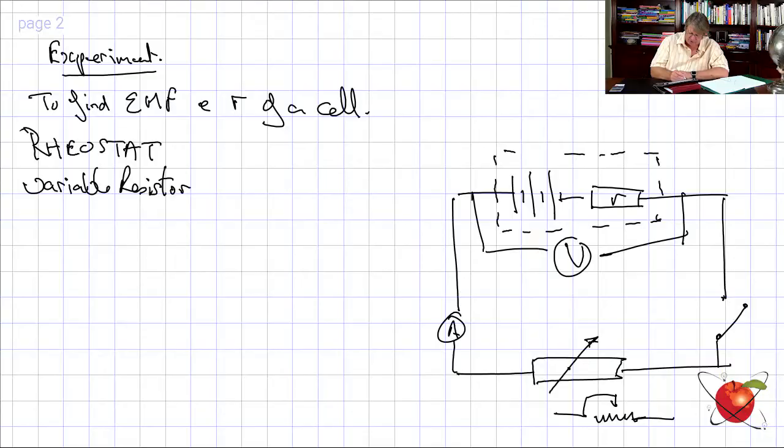And what we do is we read the voltage with the variable resistor on maximum, or with the switch open, then close the switch and read the points V and A. So we read this, and we get a table of results.